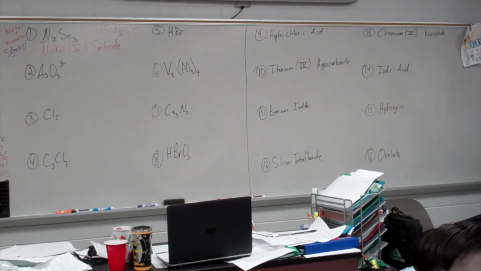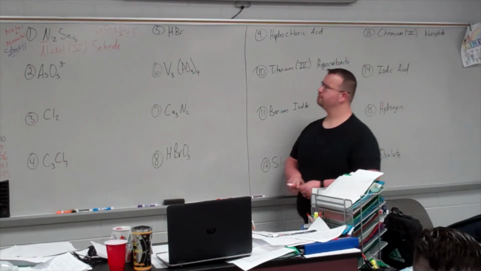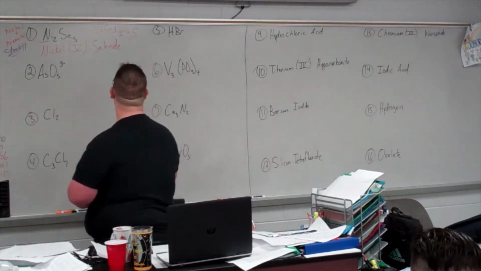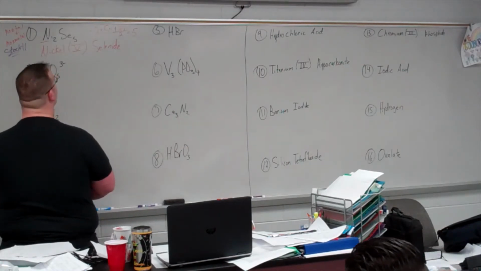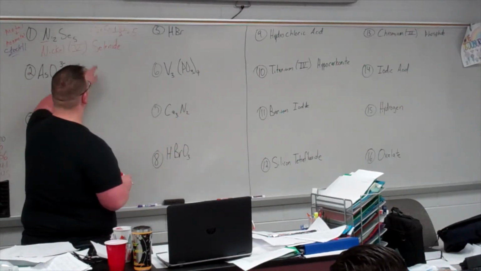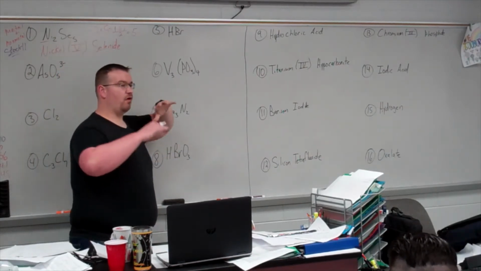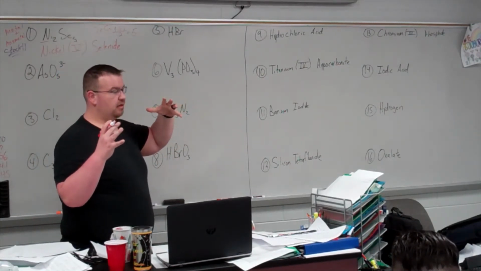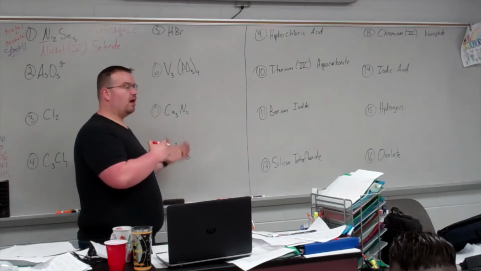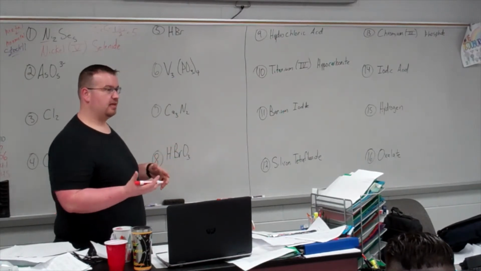Yes, Emily? Whenever you multiply the -2 and the 5, why did you change the -10 to a 10? Okay, that's because the -10 is the overall negative charge, so the overall positive charge has to be equal to that.